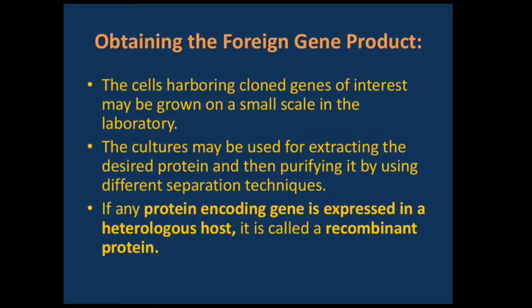So there is a need for the recombinant DNA to be expressed. The foreign gene gets expressed under appropriate conditions. The expression of foreign genes in host cells involves understanding many technical details.